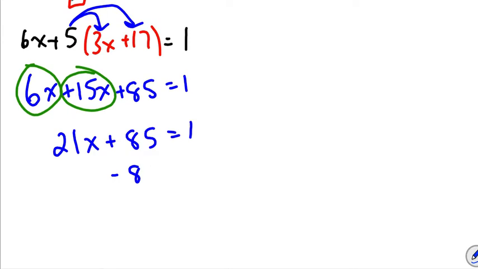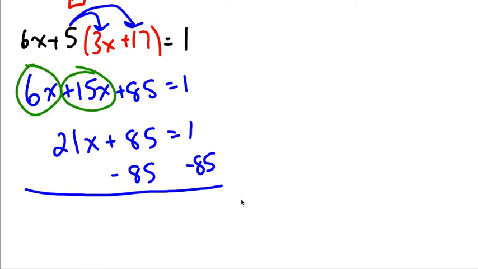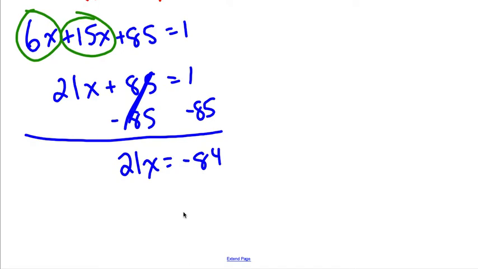So subtract 85 from both sides. 85 minus 85 is 0. Cross them out. Left-hand side is just 21x. Right-hand side, 1 minus 85 is negative 84. Last step, divide by 21. x equals negative 4.